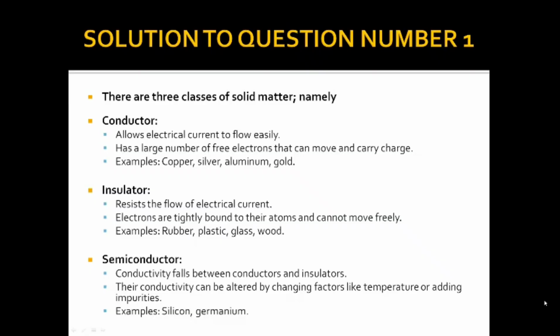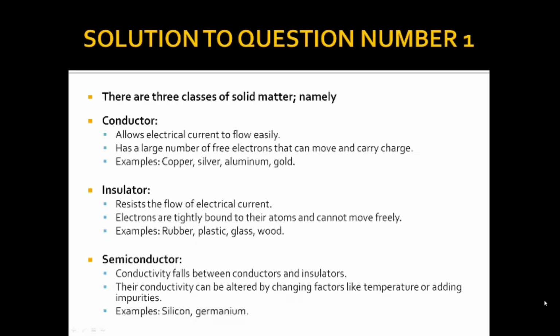But when it acquires energy as a result of an increase in temperature, or doping with more conductive elements, you see them conducting. Examples of semiconductors are silicon, germanium, arsenide, and many more.